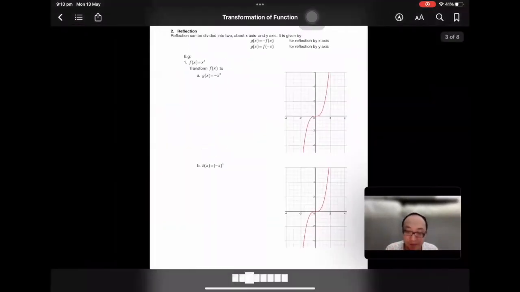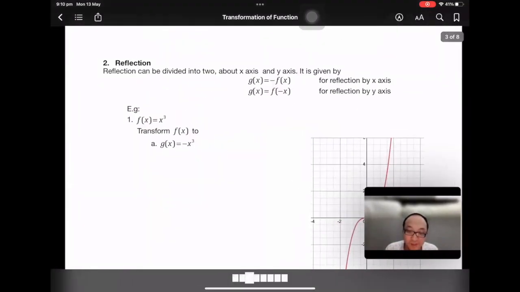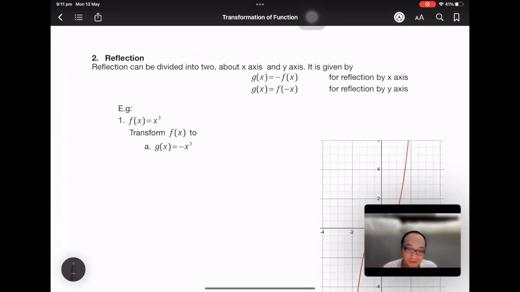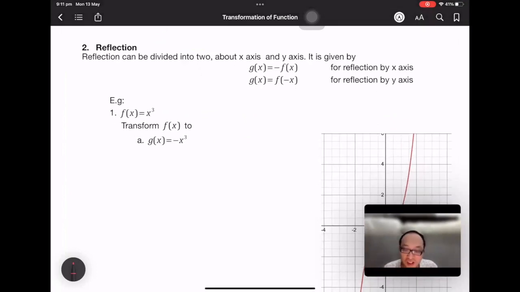That's for translation. Now we continue with the reflection. So there are two types of reflection: reflected by the x-axis or reflected by the y-axis. The formula is g(x) = -f(x) for the reflection by the x-axis.